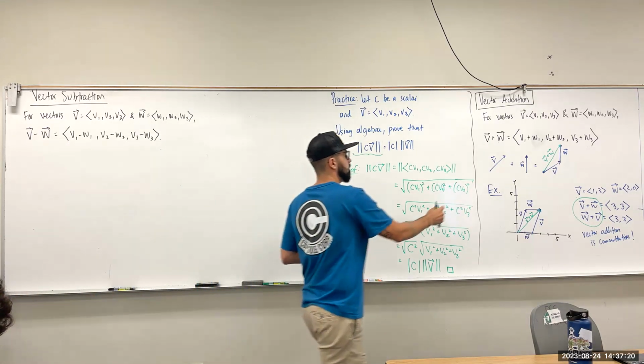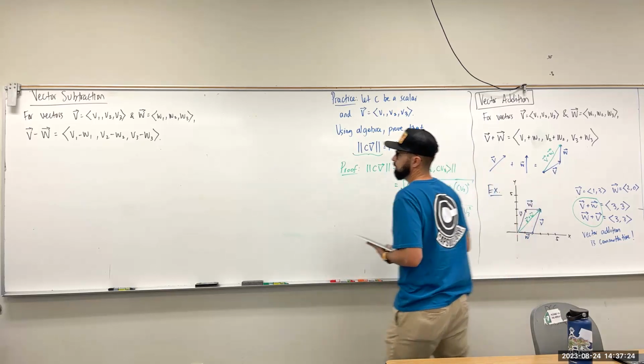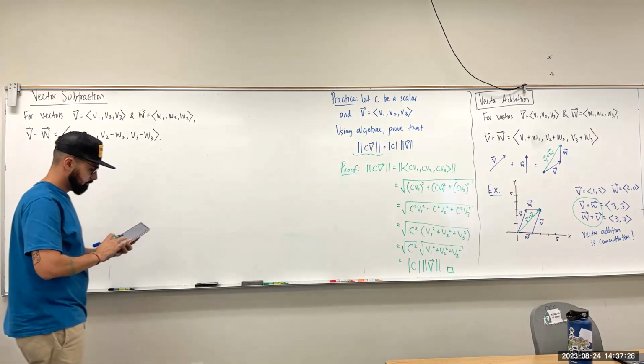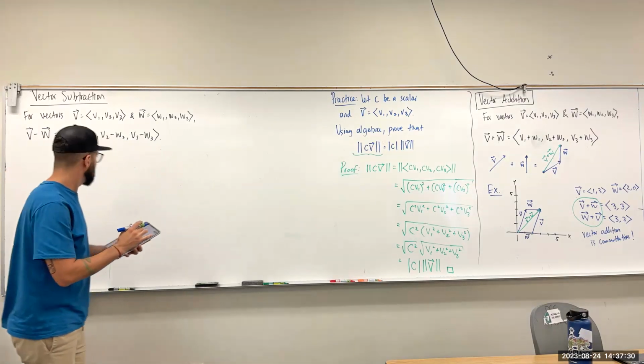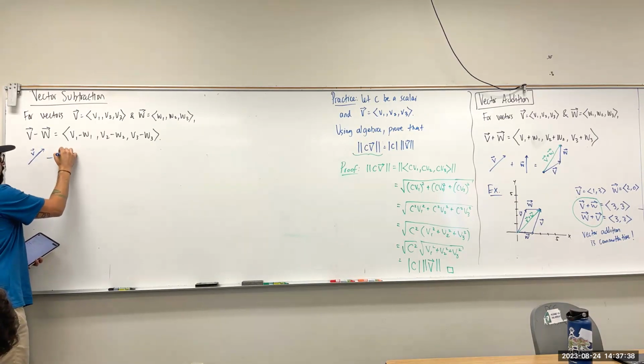So let's do the same. Let's try to draw in your notes the same vectors that we drew here for V and W. So if I have V as that, and I'm going to subtract W, the same ones that we had before.